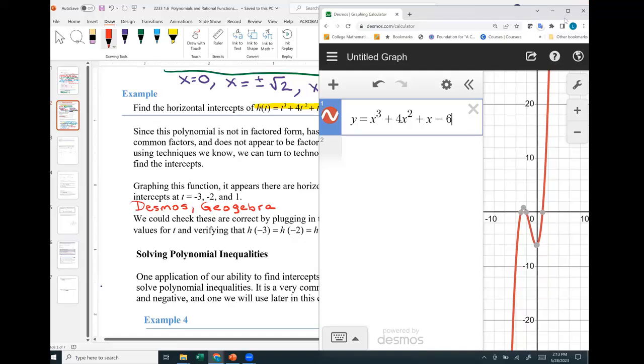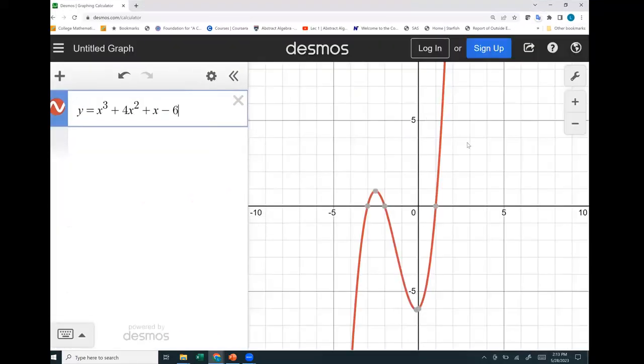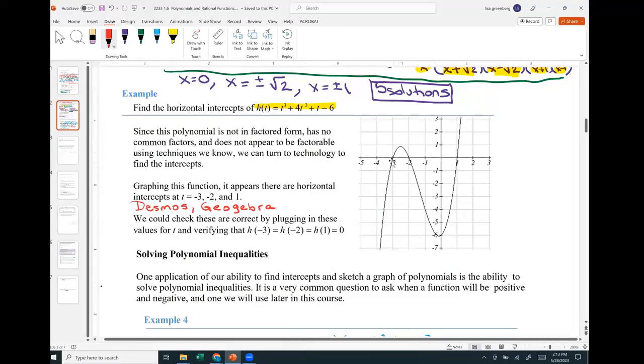All right, so if I open this up full screen, I can actually see I have an intercept here at minus 3, 0, minus 2, 0, and 1, 0. So I have found all my intercepts, and that should be exactly the same, which it is, for this graph.